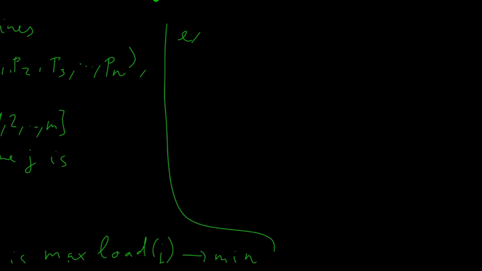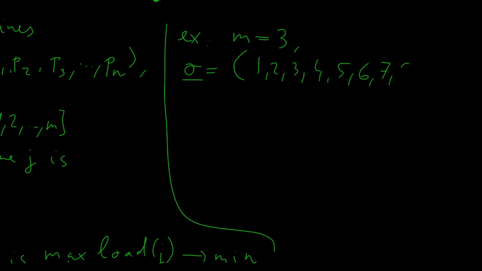So for example, if M equals, say, 3, and the input, say, sigma, is just 1, 2, 3, 4, 5, 6, 7, 8, 9, this means that the time needed to process the first job is 1.